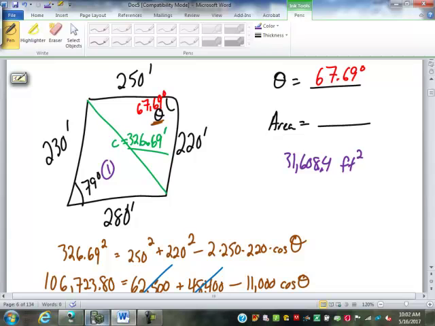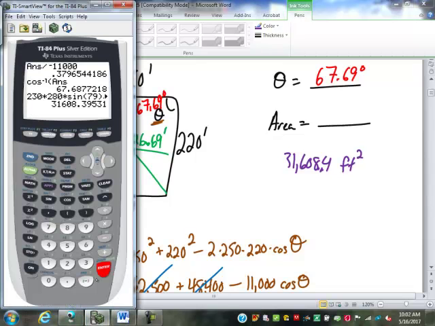Area 2, 250 times 220 times sine of 67.69 divided by 2. 25,441.4.